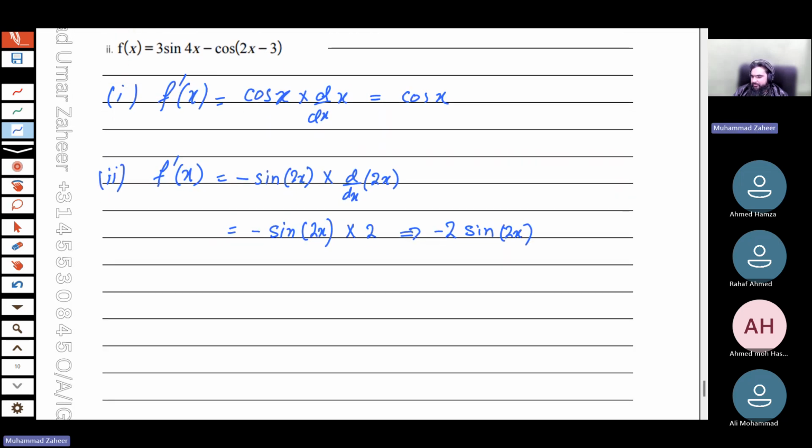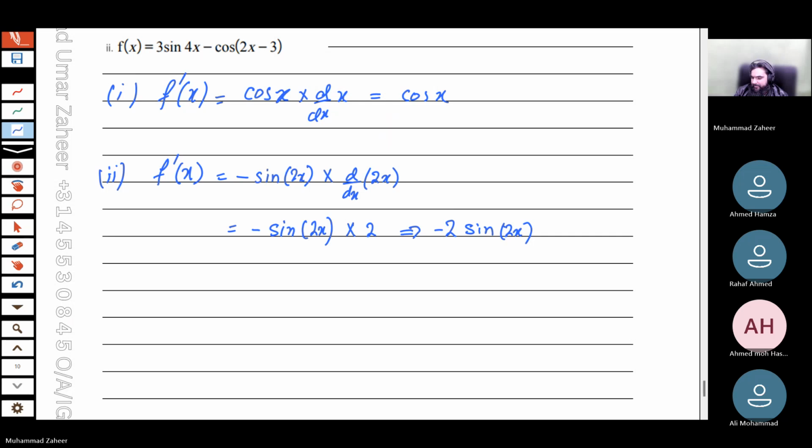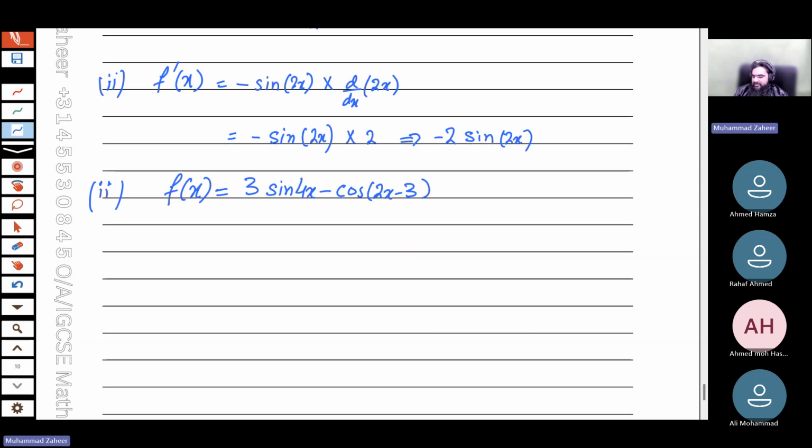In the same way, we have the third part. Let me write the third part first. We have f of x is equal to 3 sine 4x minus cos 2x minus 3. Let's take the derivative. It is a constant value at the start.